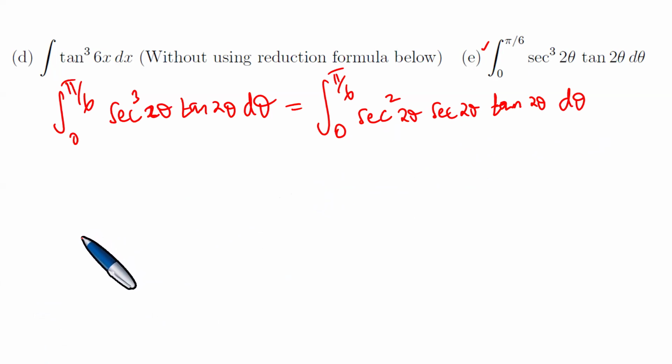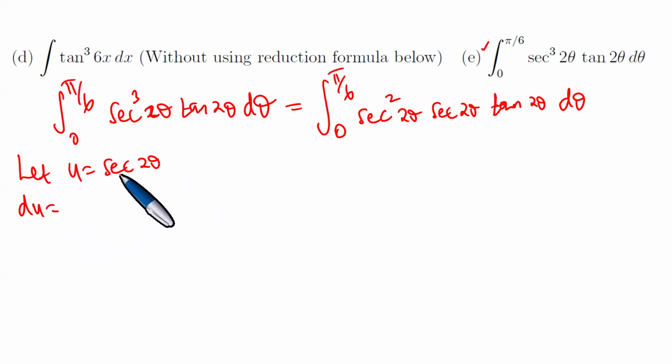Upon careful examination, we perform substitution and we let u be the secant of 2 theta. Then we can find the derivative of this. The derivative of the secant is secant tangent, but there's a 2 that's going to come out from using the chain rule. d theta.